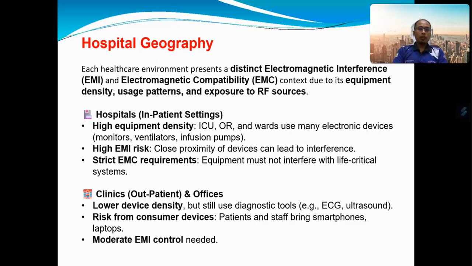Right. And then we move to the next hospital geography, which is clinics, outpatient and offices. This area can be classified as lower device density, but it still uses some diagnostic tools such as ECG, ultrasound, X-ray, and many others.